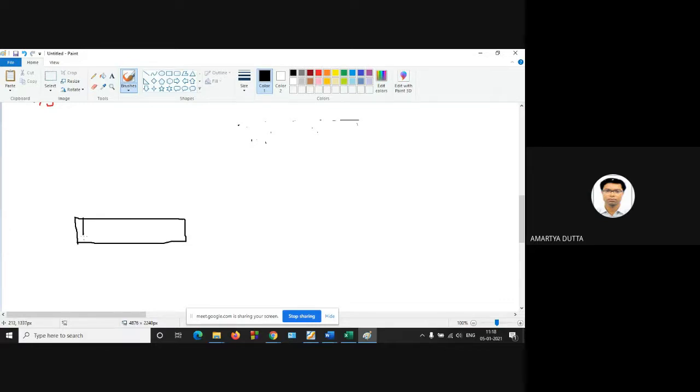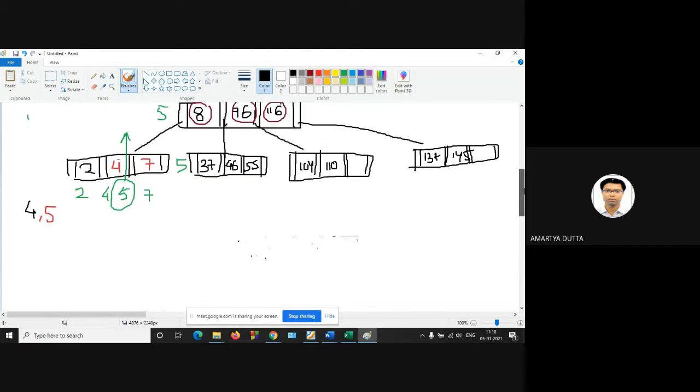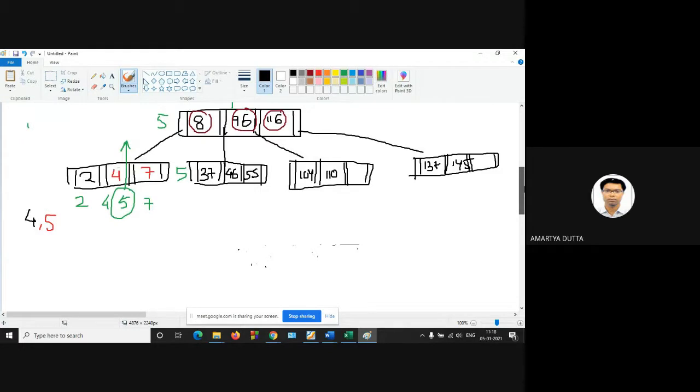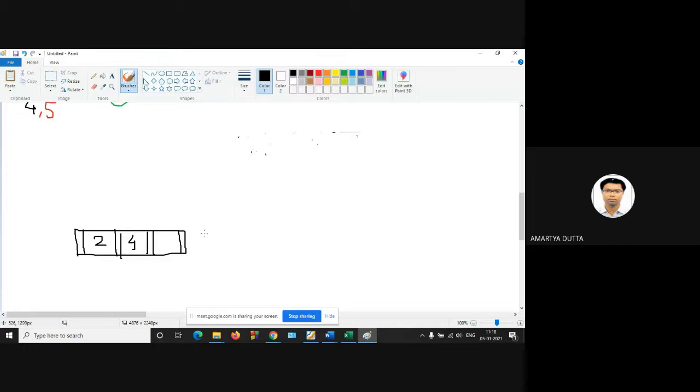2 and 4 will be there, and 2, 4, 5, 7. So 7 will be there, with 1, 2, 3, and 4.